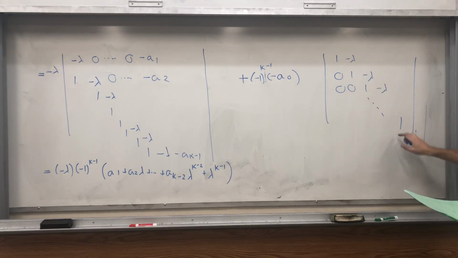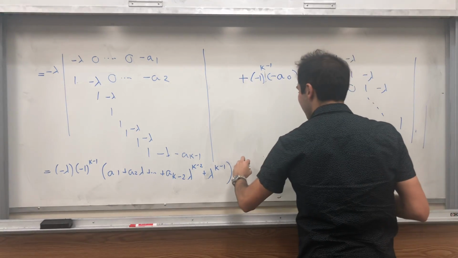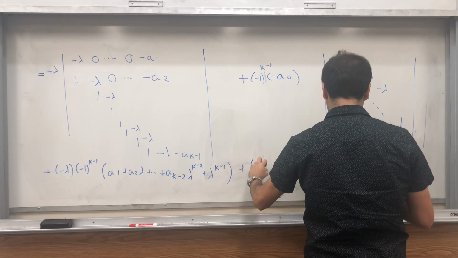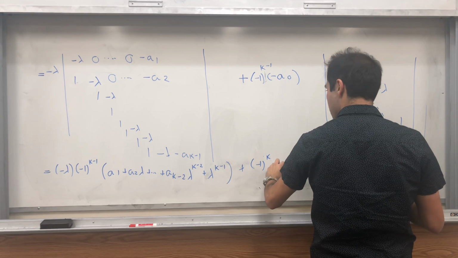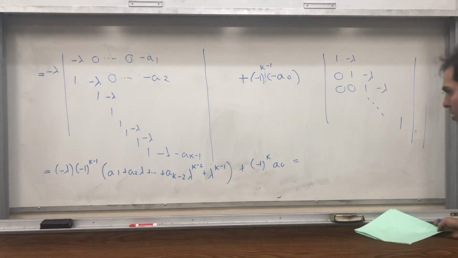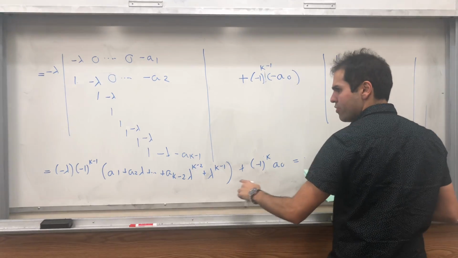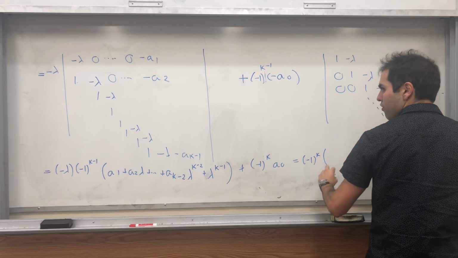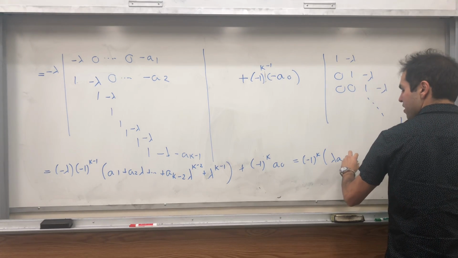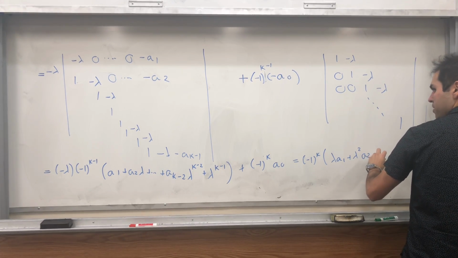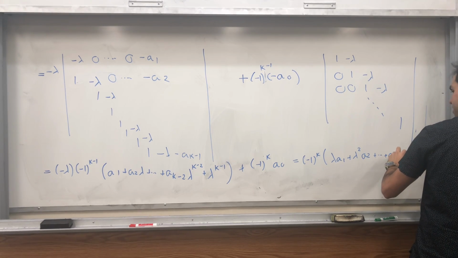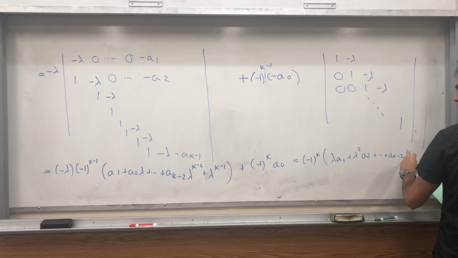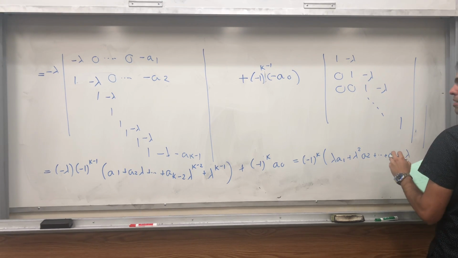And this is a triangular matrix, so the determinant is 1, and so we get minus minus, so (-1)^k a0. And then if you put all of those together, you factor out (-1)^k of a0 + lambda a1 + lambda^2 a2 + ... + a_{k-1} lambda^{k-1} + lambda^k. Does that make sense?